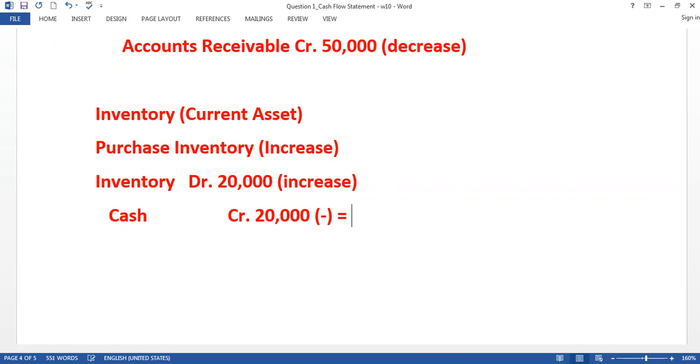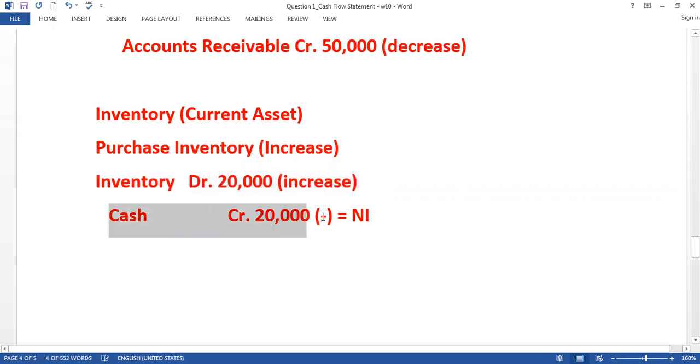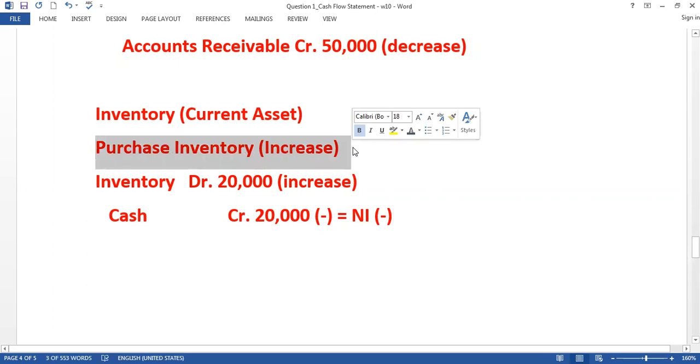If cash is minus, what should the net income be? How to make it equal? We find our current asset increases and we pay cash. Now cash is minus, so net income should also be minus, right? So current asset increase means cash is not with you, cash decreases, so net income should also decrease.